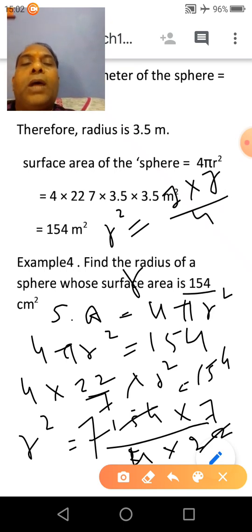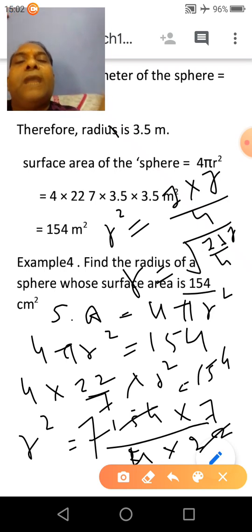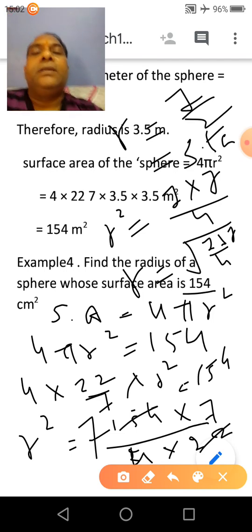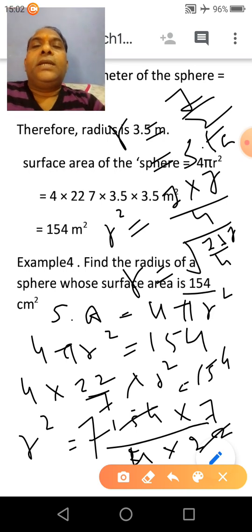So r will be equal to root 7 into 7 upon 4. So r will be equal to 7 by 2. It means 3.5 centimeter is the radius of the sphere. Clear, students? So now you have to solve the questions of exercise 13.4. Okay, students, thank you.